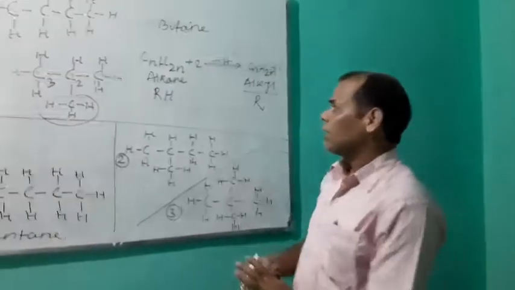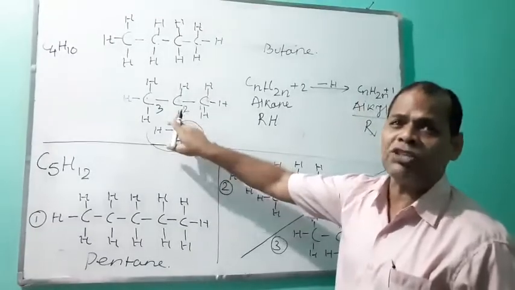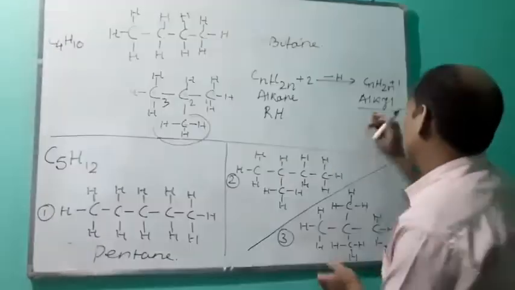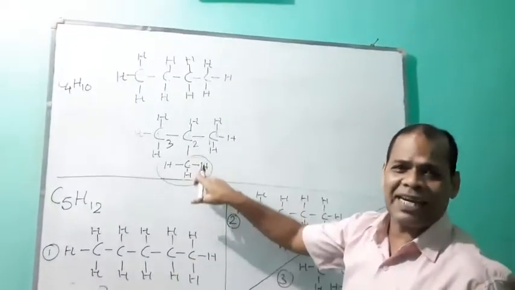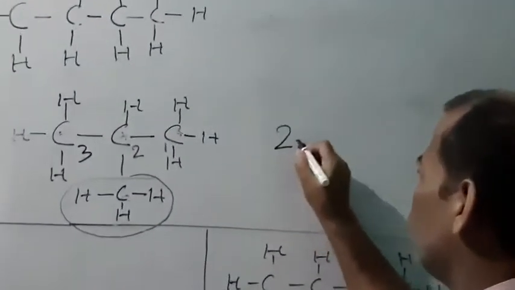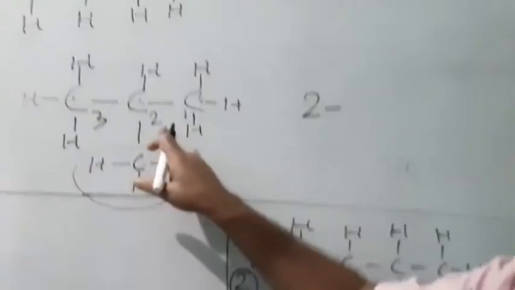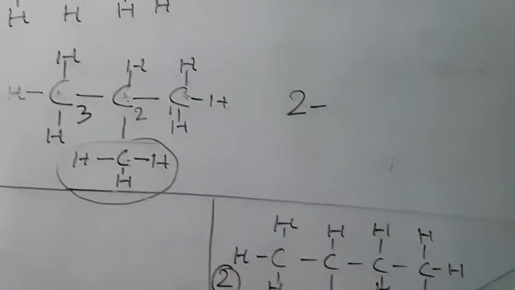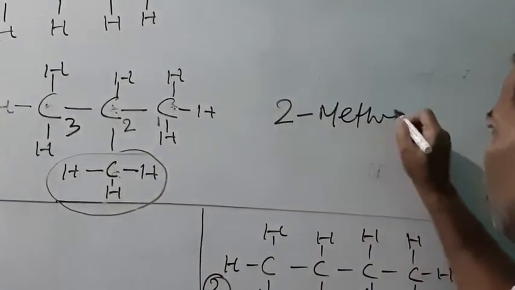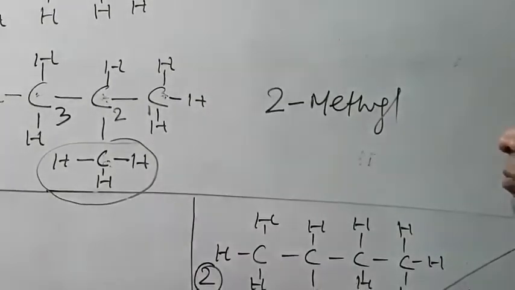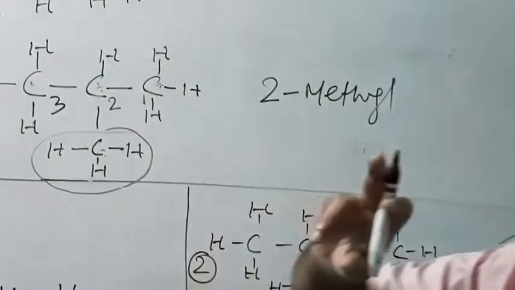So accordingly, what would be the IUPAC name of this compound? At the second carbon, what is there? CH3, methyl. So 2-methyl. Now, 1, 2, 3.